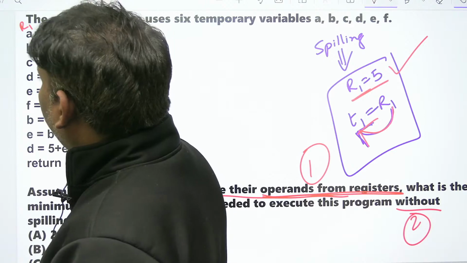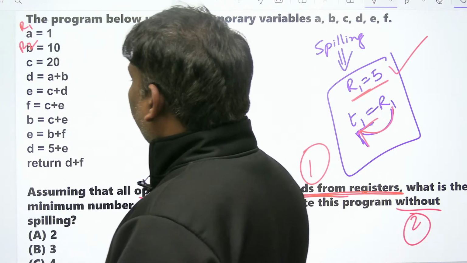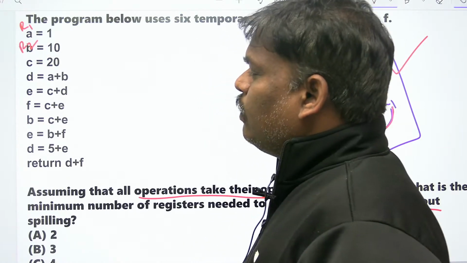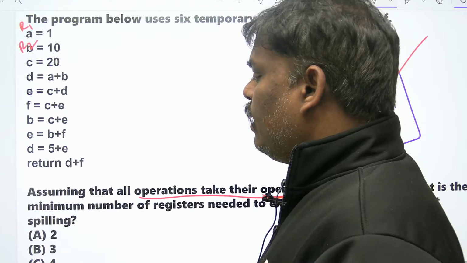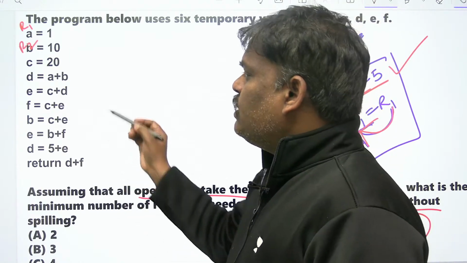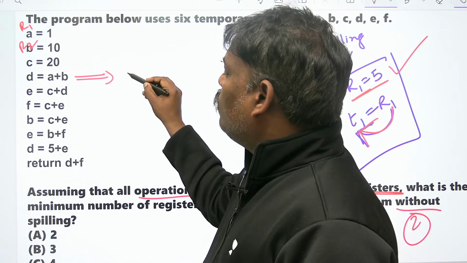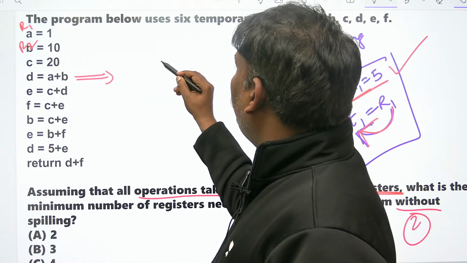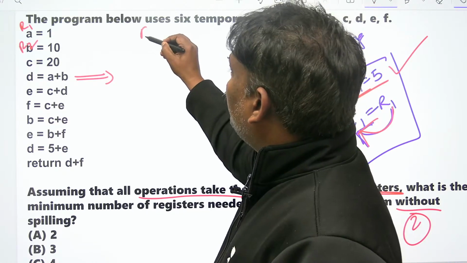It is R2. R1 contains A. R2 contains B. Careful. Now see this line. Now R1 is A. Remember now, I am writing here. R1 is A.